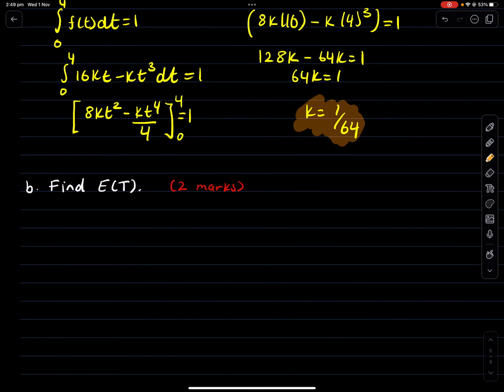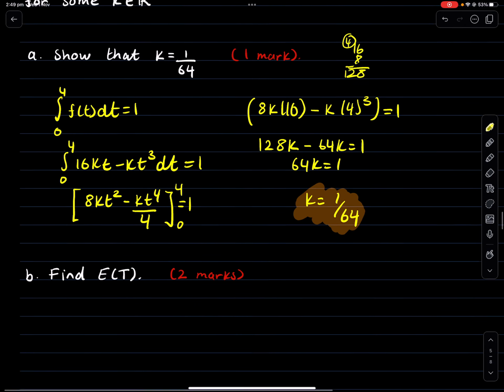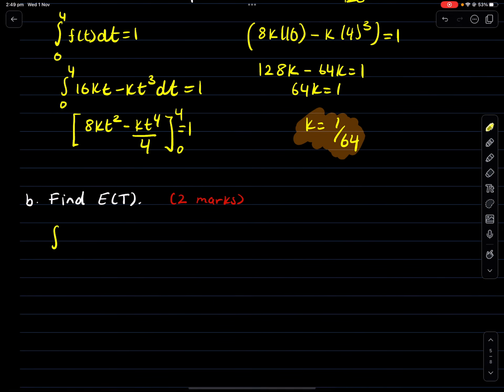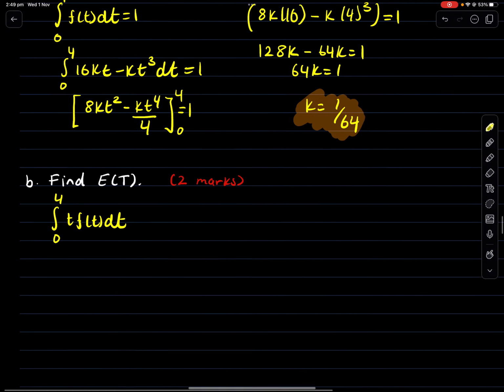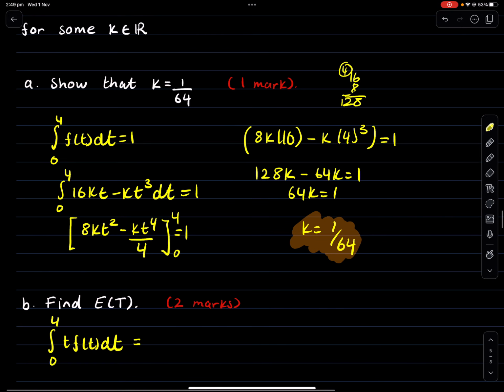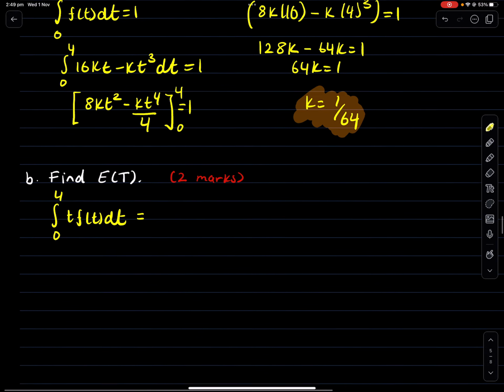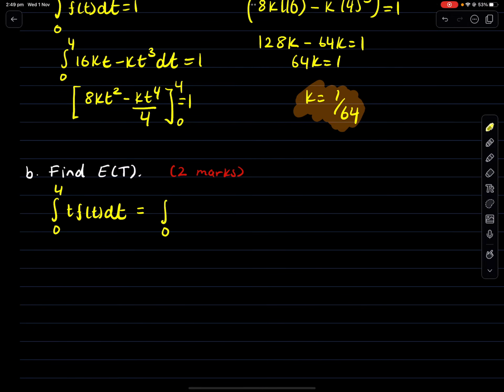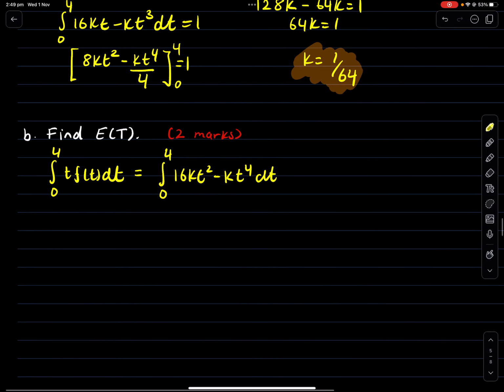Okay, now find the expected value of t. That's easy because that's just the integral from 0 to 4 of t times f of t dt. So that's just going to be the integral from 0 to 4 of 16kt squared minus kt to the power 4 dt, if I'm not mistaken.